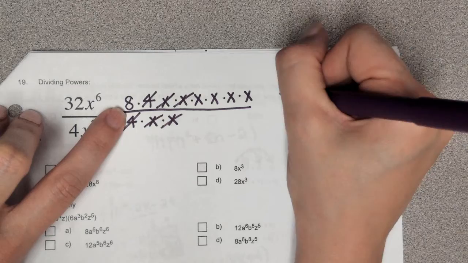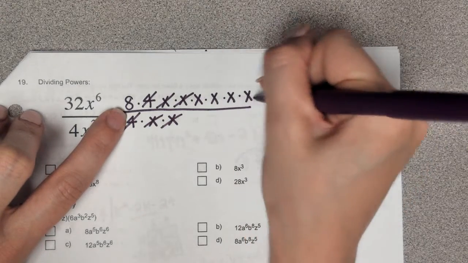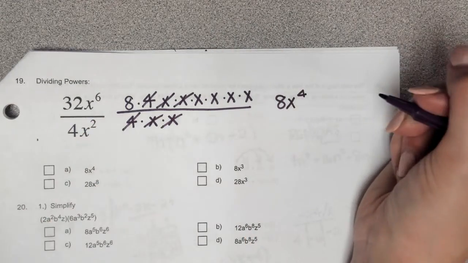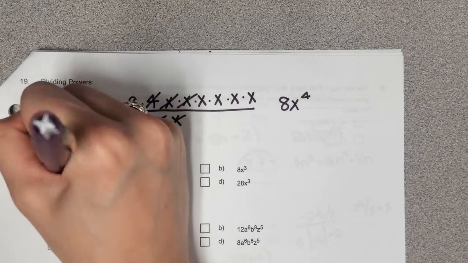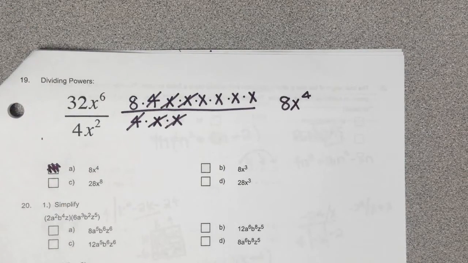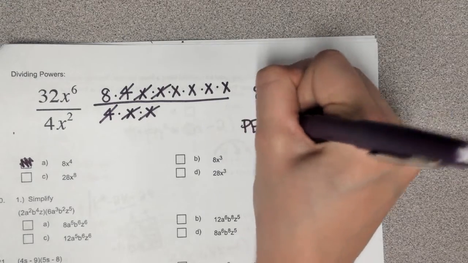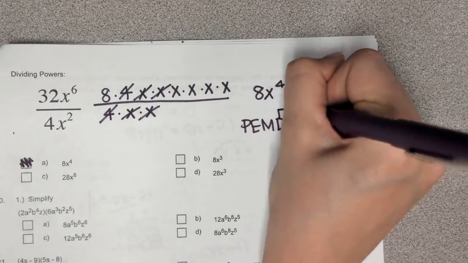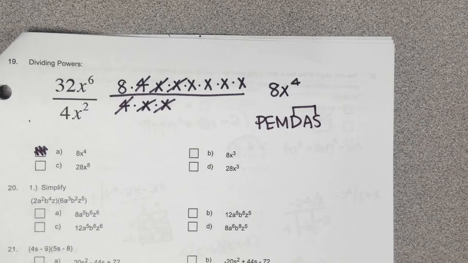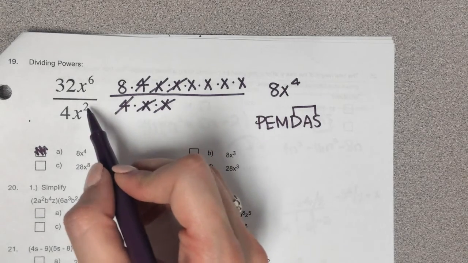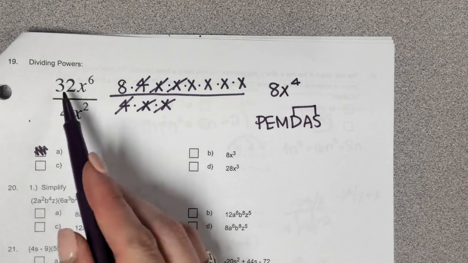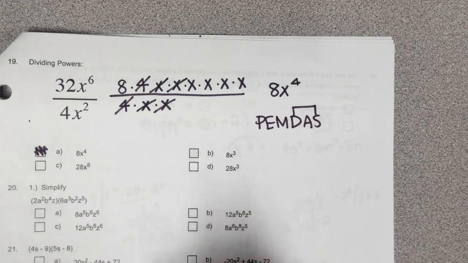So I am just left with 8, and then x to the 4th. That's your answer. You could also use your rules. When you divide, you subtract the exponents. So 6 minus 2 has to be a 4. 32 divided by 4, those are normal numbers, it's just 8.